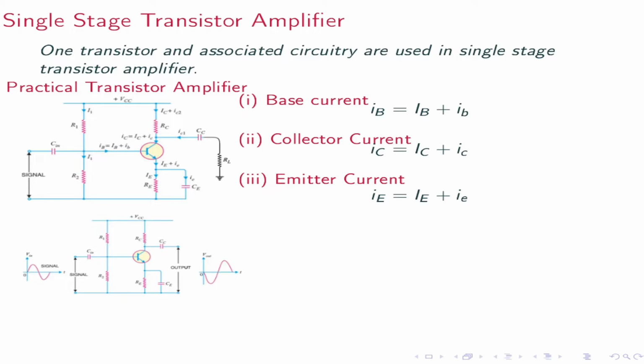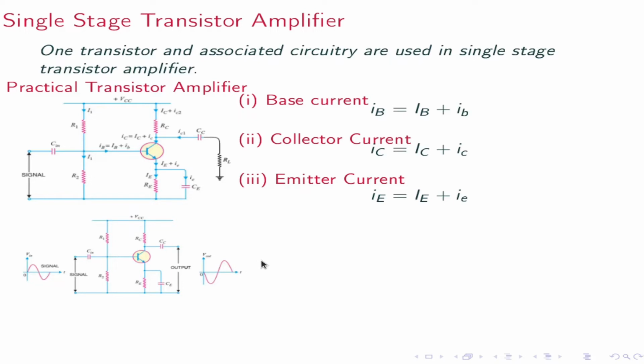Since ICRC increases and VCC is a constant, the output voltage VCE decreases. In other words, when the input signal increases in the positive half cycle, the output signal increases in the negative way, so the input voltage and output voltage have a phase difference of 180 degrees.